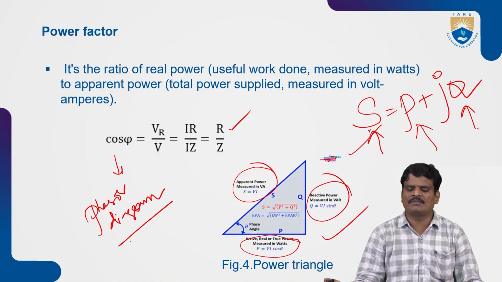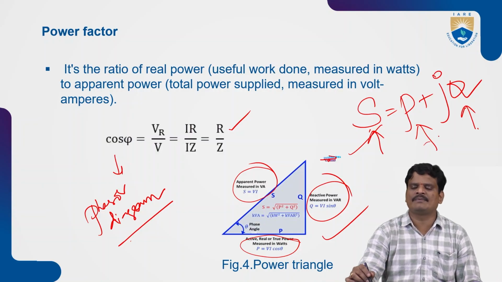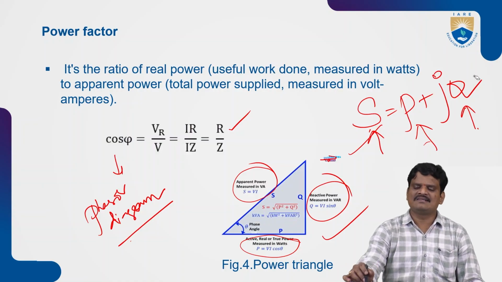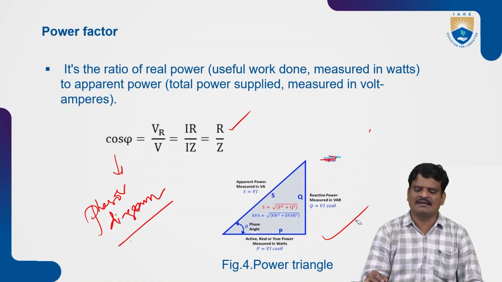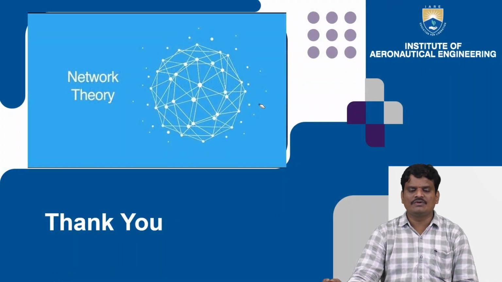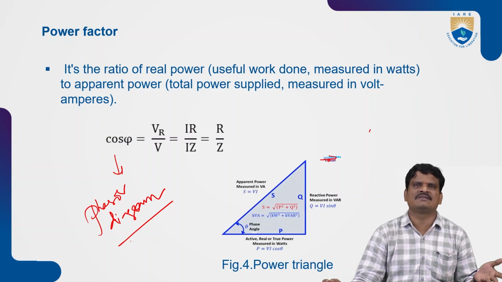The unit for total power is VA, active power is measured in watts, kilowatts or megawatts, and reactive power is measured in volt ampere reactive, that is VAR. As these three types of power are represented in the form of a triangle, this is the power triangle approach.